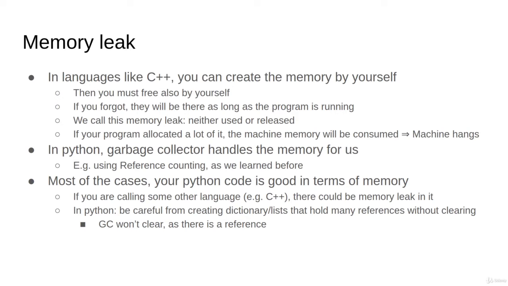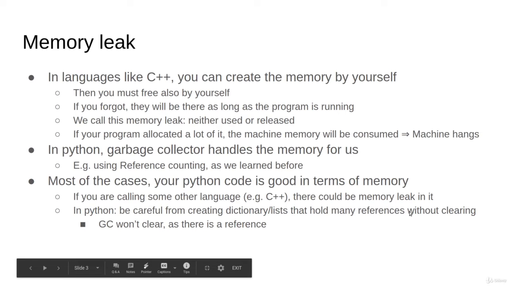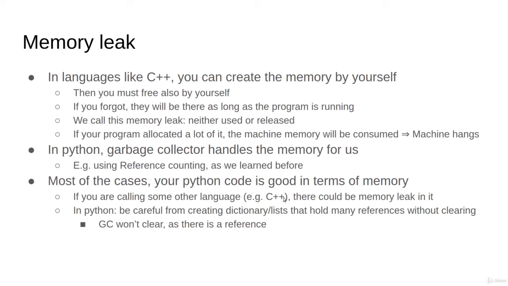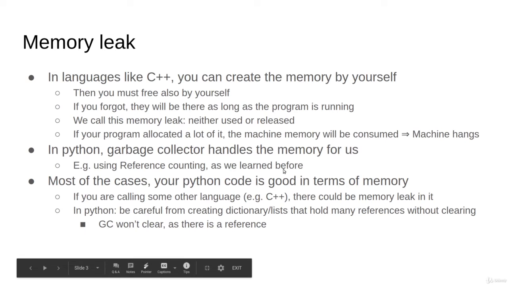So if it happened that your Python code itself seems to have memory that is growing up to 99%, you have something that is stored in a list or a dictionary and you never cleared, although you don't use it. That's why your program is taking too much memory and seems big. Otherwise, you are using some other external party that actually has a memory leak.